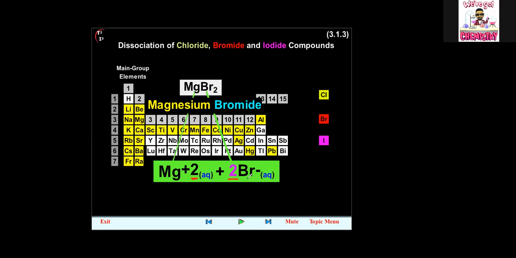That means you have two bromide ions from the formula of MgBr2. So when you want to balance that equation, that two must be a coefficient. There is nothing like Br-2. It has to be 2Br- so that the two negative and the two positive will balance each other. All right? And eventually they will cancel out when they form a compound.